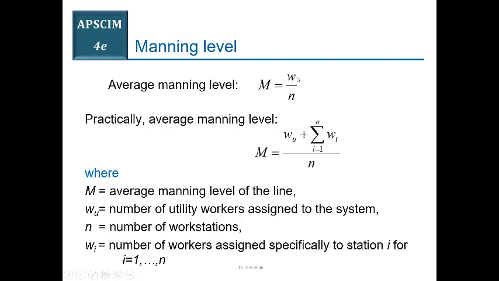So W is worker and N is number of machines.